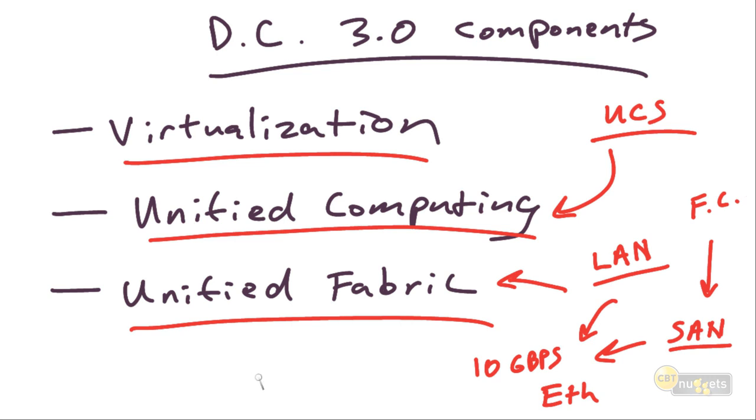But a great invention called Fibre Channel over Ethernet allows us to unify these technologies over one particular media, and that's 10 GigE. So now we don't have to invest in separate storage area network and LAN architectures. Instead, we can unify this traffic over one simple media.